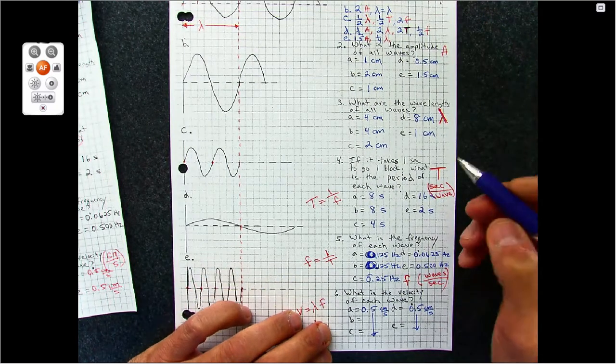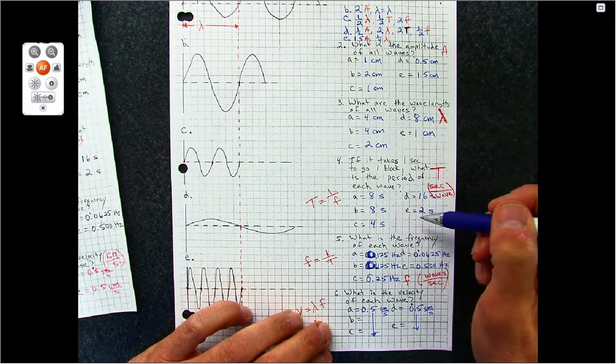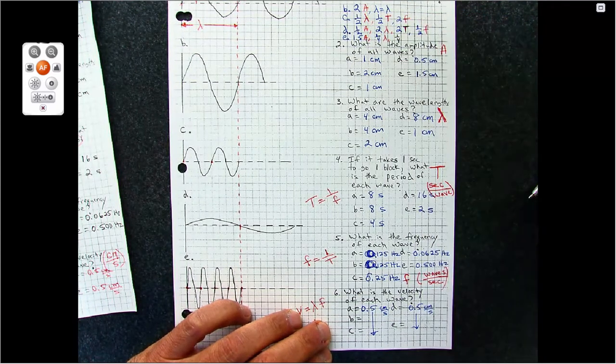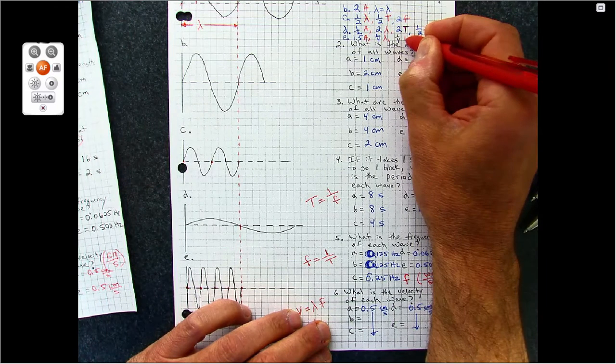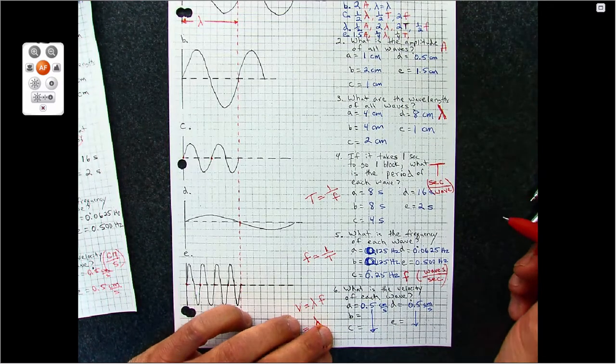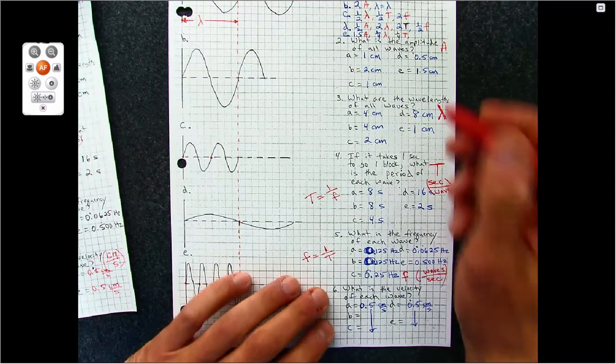My period is 1/4. And my frequency then is 4 times.